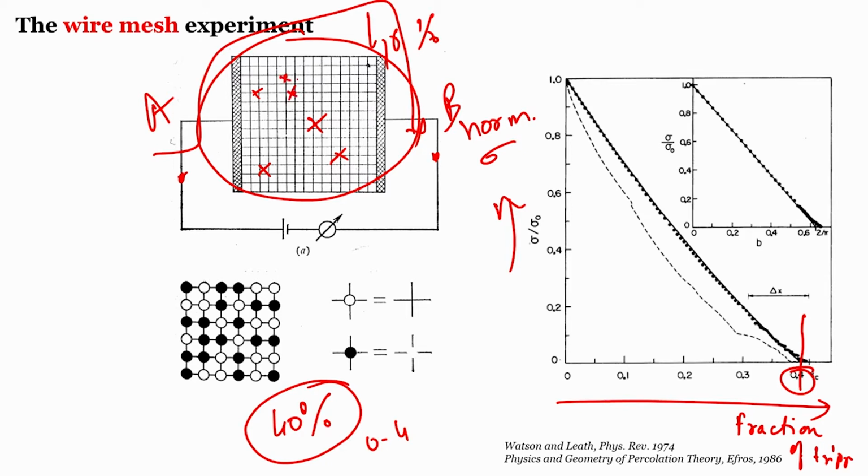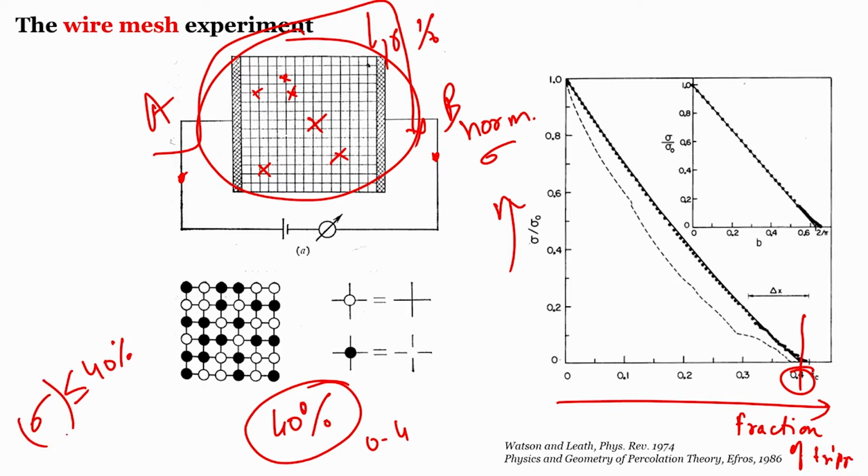What does it mean? That 40% is the percolation threshold. The circuit needs to have at least less than or equal to 40% tripped in order to allow conductivity.